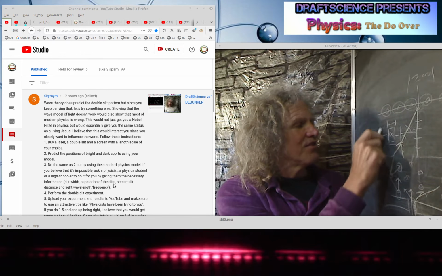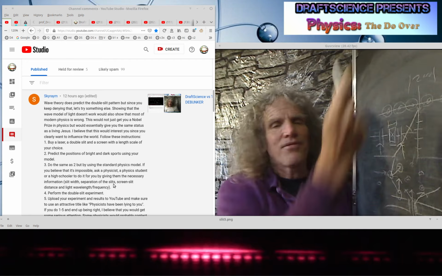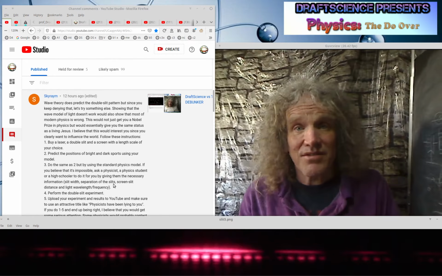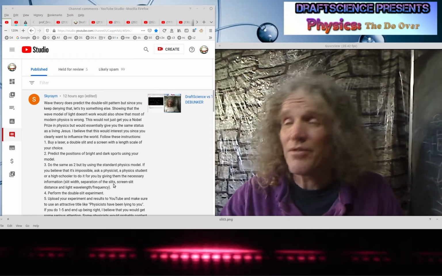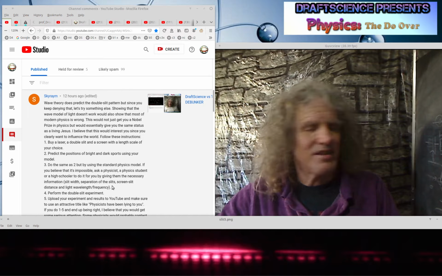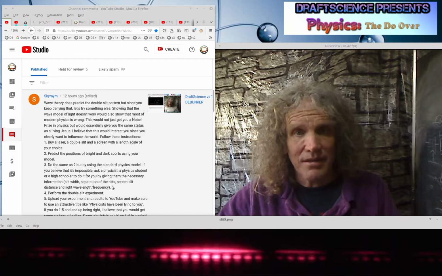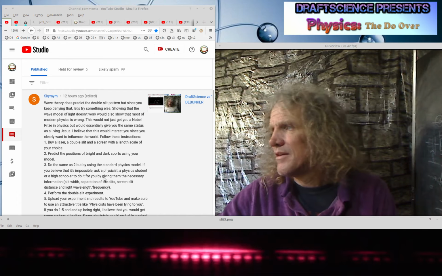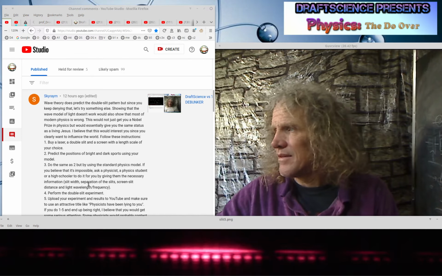If you change these outside slits, their math fails. It won't predict the pattern because there's nowhere to put it in the formula. Their formula is superficial. It's a generalization. It isn't meant to be accurate. It's meant to get a generally okayish answer. And they won't even concede that.